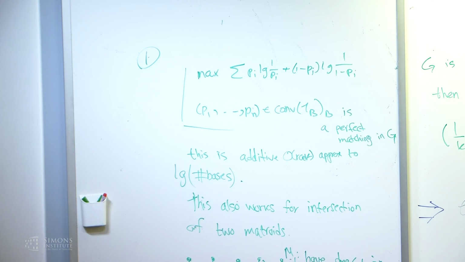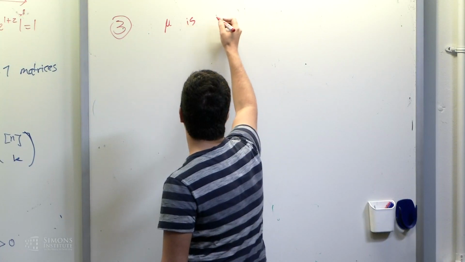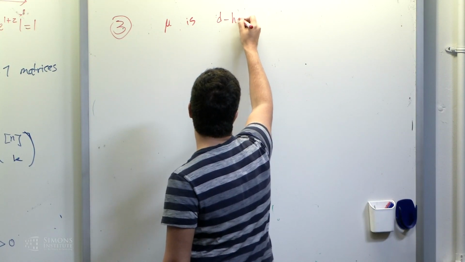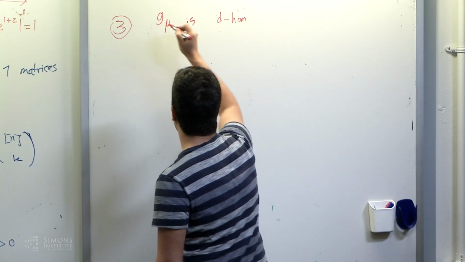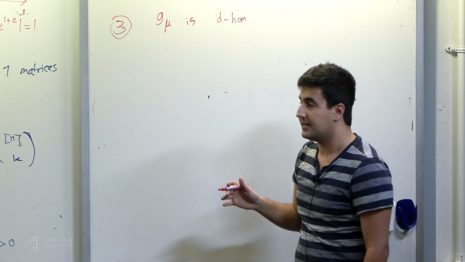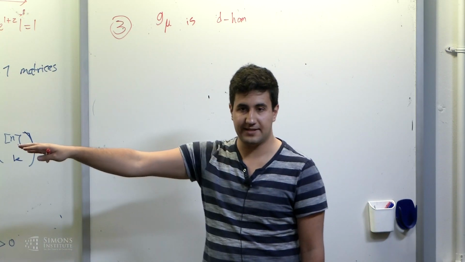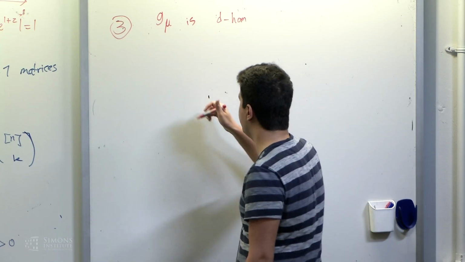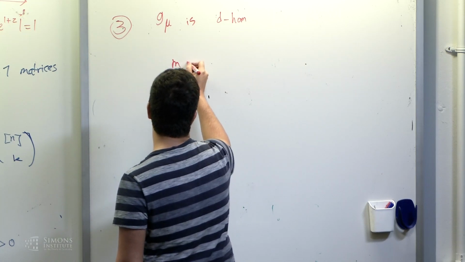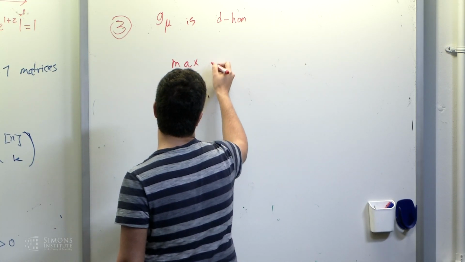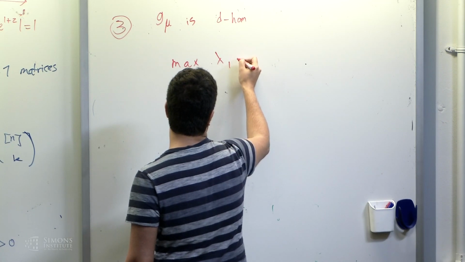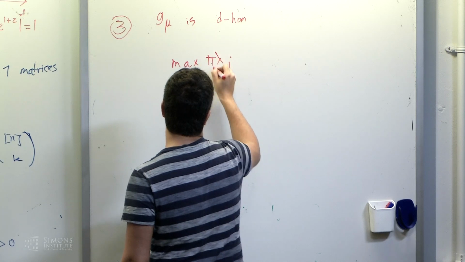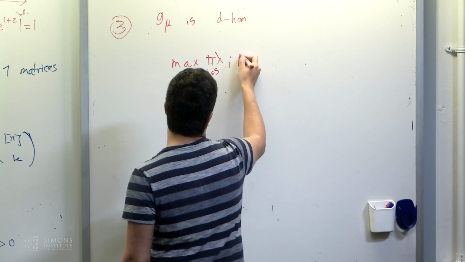It turns out that if you have G mu, which is dehomogeneous, testing membership in that convex polytope, you have to replace it by this: you want to find the maximum over S of a linear function multiplied by the product over I in S of mu S.